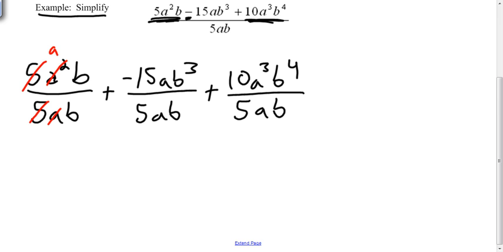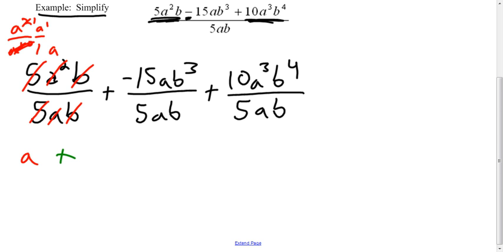Or we can notice that we have a squared and a to the 1. And if we subtract 1 from each of these, a to the 1 down here becomes 1. And on top we have a to the 1, which is the same as a. And a over 1 would just be a. So in the end, we're left with just a on this one. Similarly to our 5s, b divided by b just is 1. So we are left with just 1 there. So our first term just comes down to a.